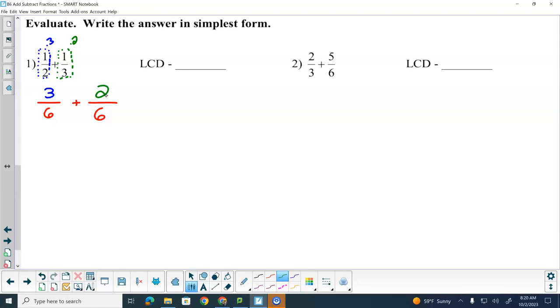Now, step number 2 says, we did step number 2, we just rewrote it. Step number 3 says, add or subtract the numerators. So we're adding or subtracting the tops. 3 plus 2 is 5.